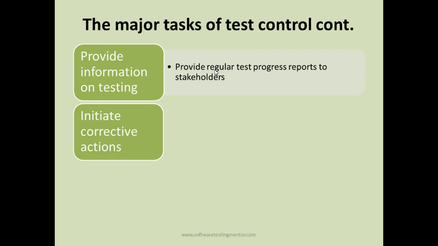Corrective actions can be to spend half an hour more every day so that you can execute 5 more test cases every day, and clear the backlog of test cases so that you can finish all 500 test cases by the end of this week.